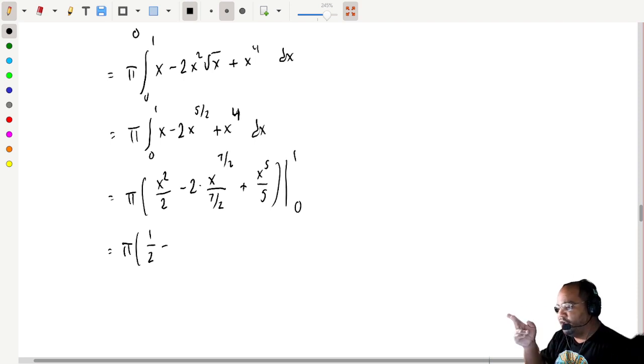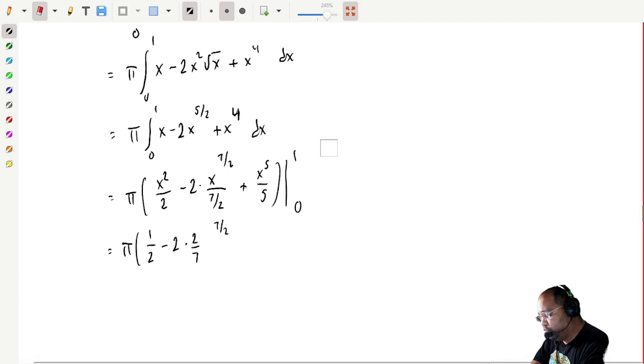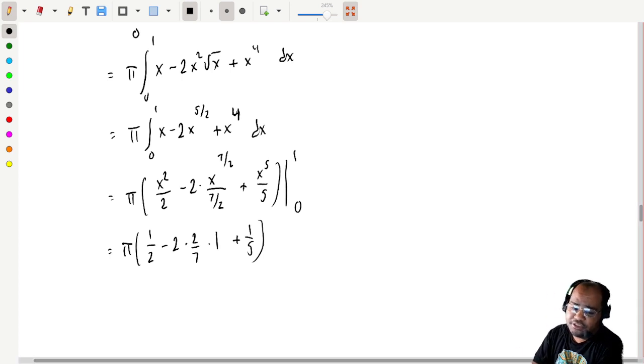The way we divide fractions, keep, change, flip. So we'll keep the 2, change divide to multiply, and then instead of dividing by 7 over 2, we'll multiply by 2 over 7. Then 1 to the 7 over 2 is just 1. Then plus 1/5. And then again, subtracting away the evaluation at 0, we just get 0.